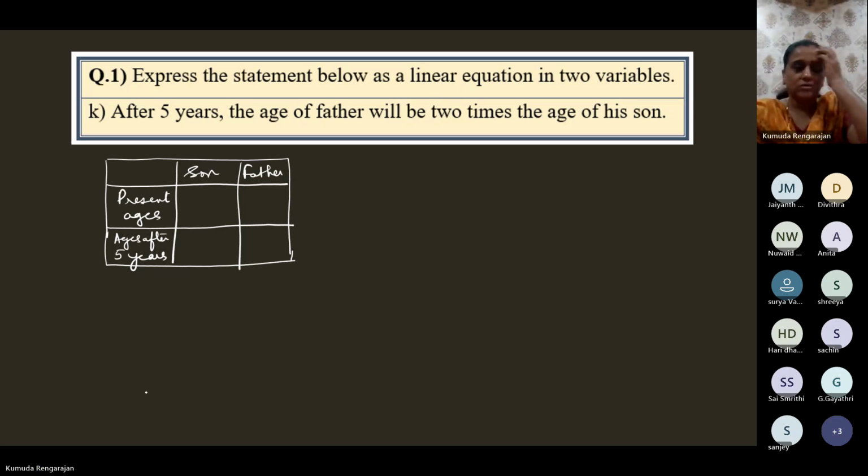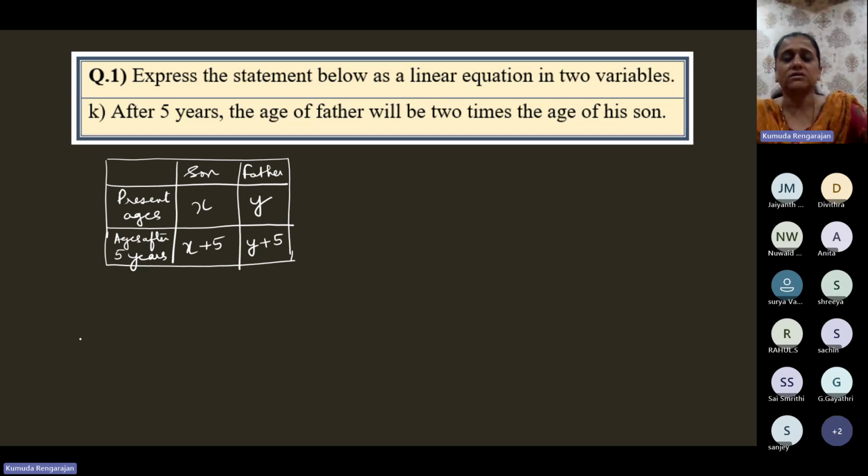Let the present age of the son be X and the father be Y. After 5 years, the son's age will be X plus 5 and the father's age will be Y plus 5. The two characters here are son and father, and we have something about their present ages and ages after 5 years. So that's what we've assumed.